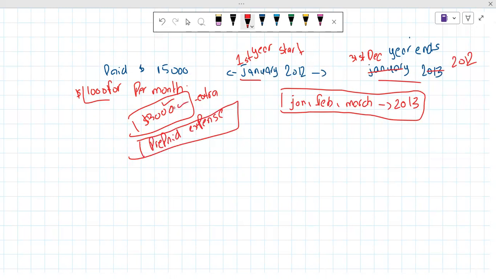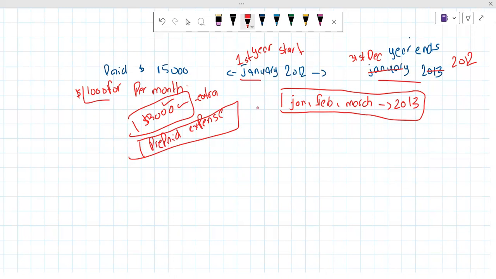So this $3,000, which is for 2013, is not a 2012 expense, so we should not add it to 2012's income statement.